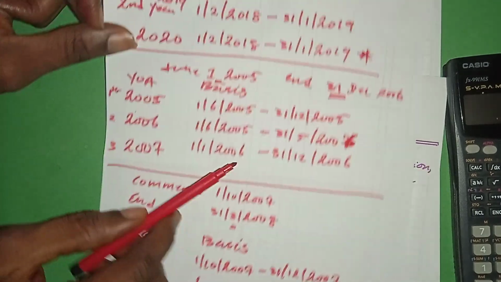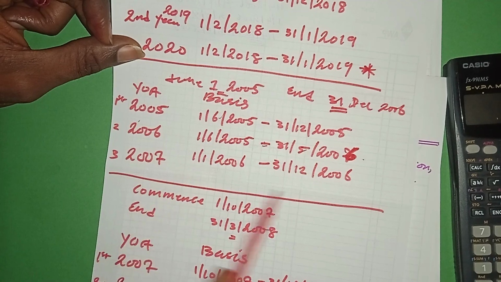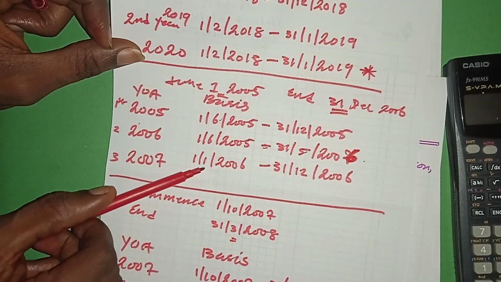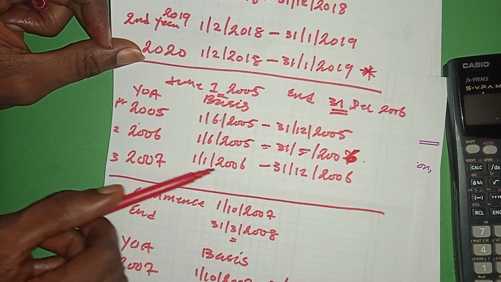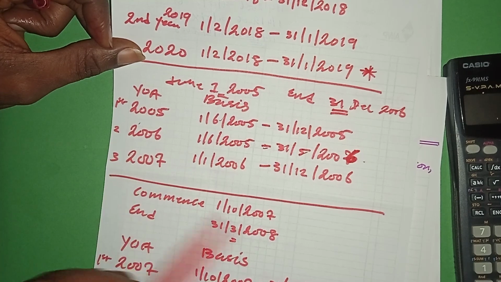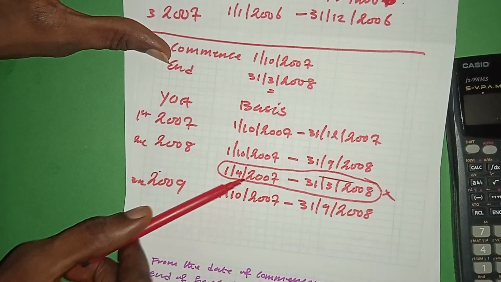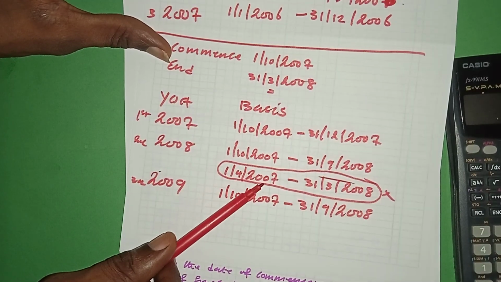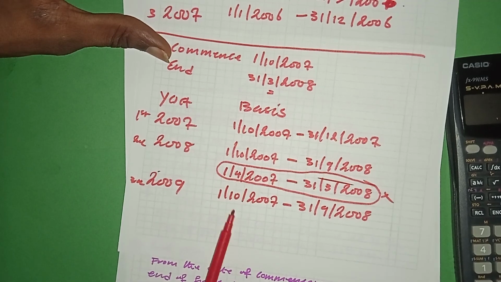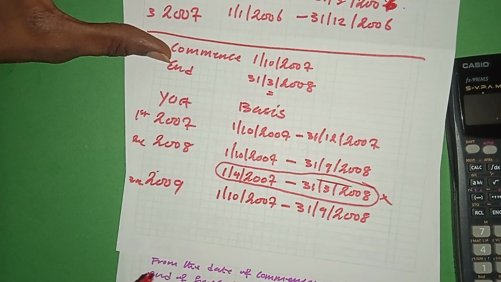But mind you, here we worked it and we found out that as at 1st April 2006, the business already started, because the business started 1st June 2005. But here, the business has not started. As at 4th of April 2007, the business has not started. So you are going to repeat your 3rd year.